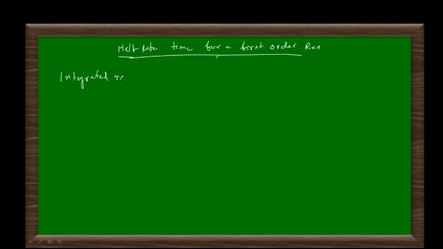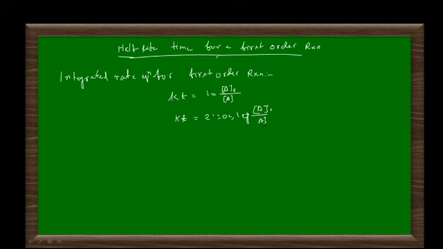So the integrated rate equation for a first order reaction, which is already derived in my last class: Kt is equal to ln of a naught by a, or in terms of log you can write Kt is equal to 2.303 log of a naught by a.